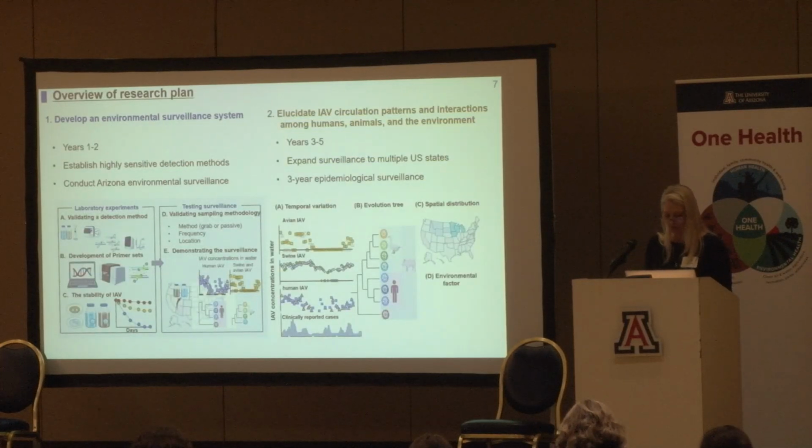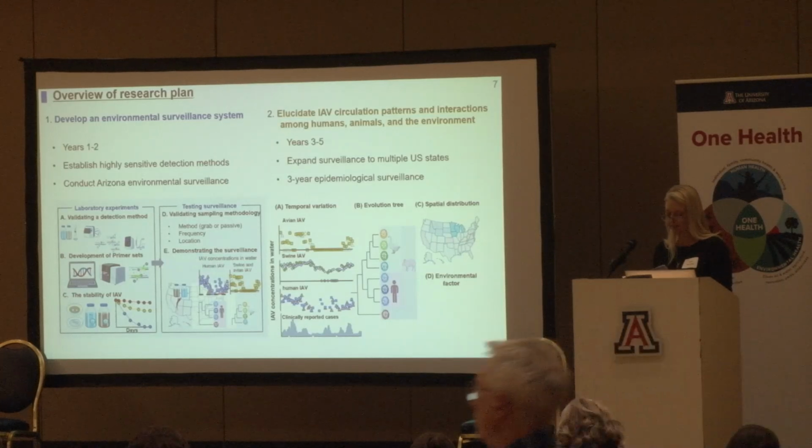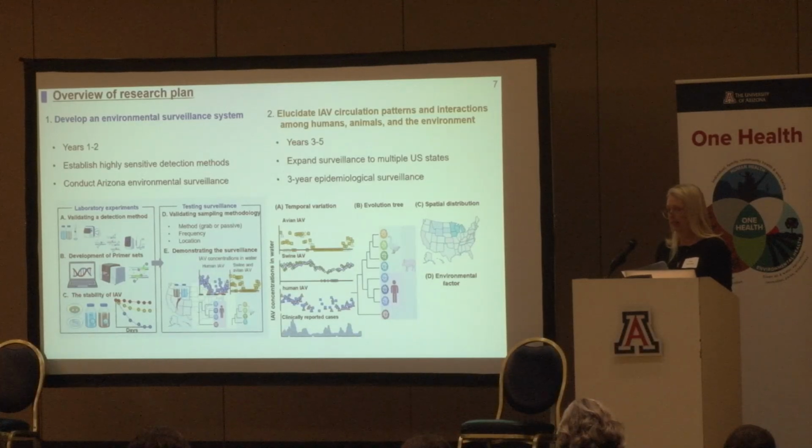So looking at the overview of our research plan, the first aim of our study is to develop an environmental surveillance system for IAV, and this phase is expected to take about 1 to 2 years ultimately. In this step, we'll be conducting laboratory experiments to validate and establish a detection method for IAV in environmental waters.